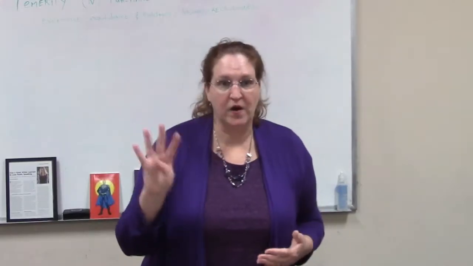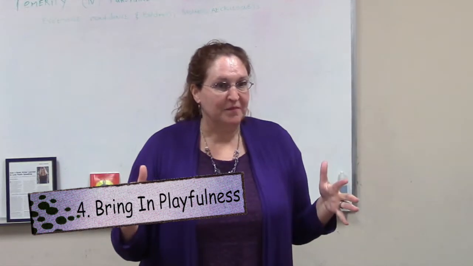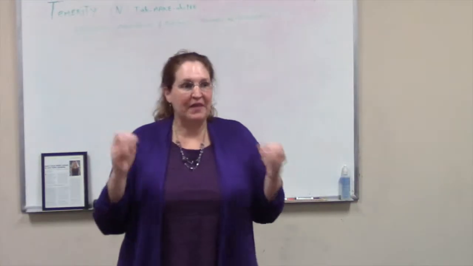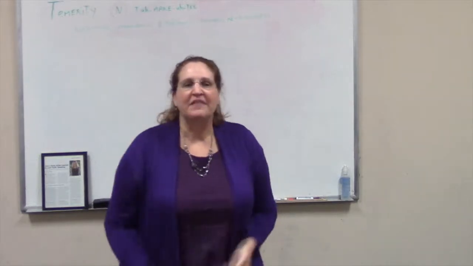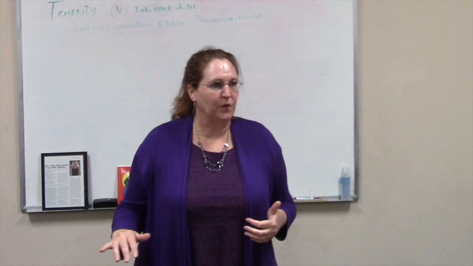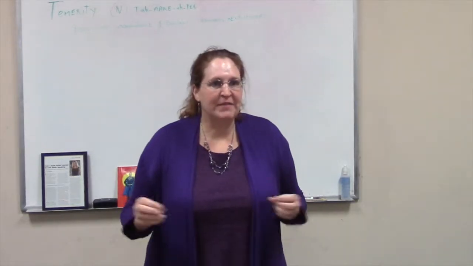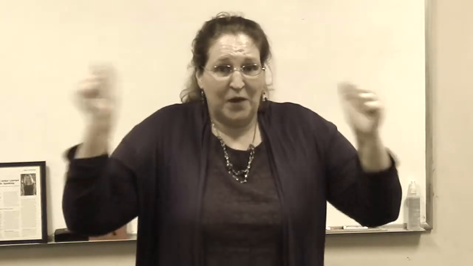Technique number 4, I call activating your inner child. This is where you find something about that topic that is playful, that speaks to the little 5-year-old or the 7-year-old in you. Something about some angle to the topic that makes you just want to go, yay, it's a rubber ball!